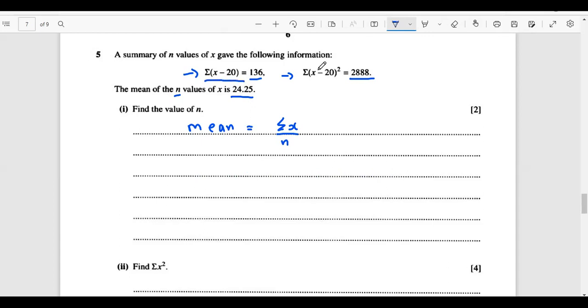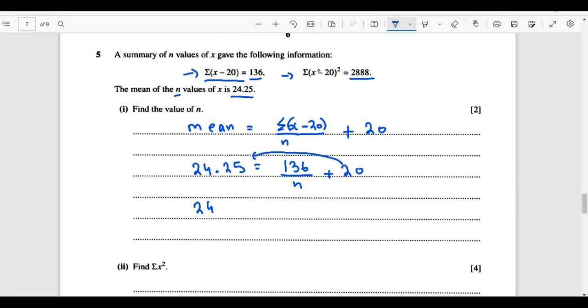So we are going to use the same thing again. This is what we have. So mean is going to be summation x minus 20. Since generally we have summation x, we need to do something to balance out this minus 20. So we are going to add 20. And the mean was 24.25. Summation x minus 20 is 136 divided by n. We need to find that plus 20. So now I can take this 20 to the other side.